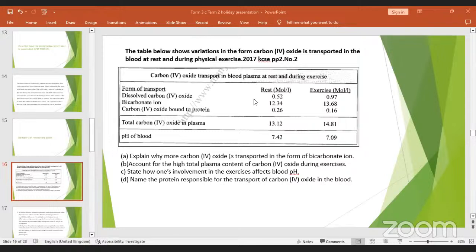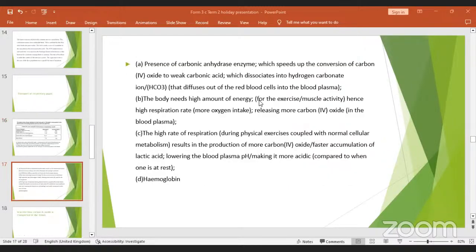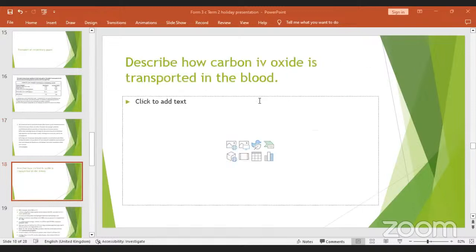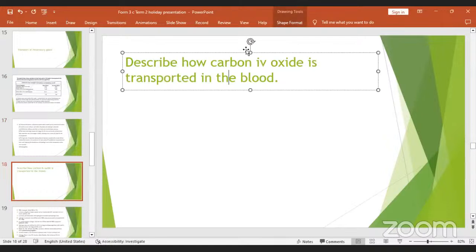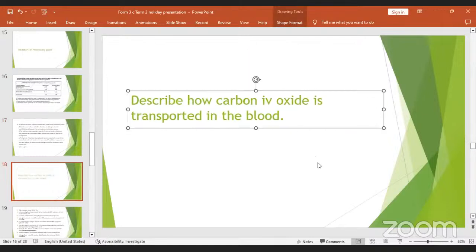That's okay. And this is the structured question. Now, if we go down and ask ourselves here, if you're asked to describe how carbon dioxide is transported in the blood, how will you answer it?